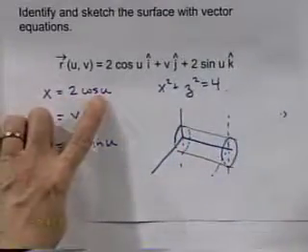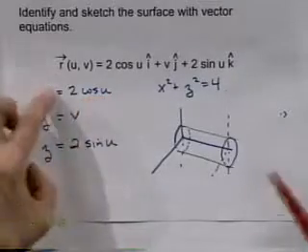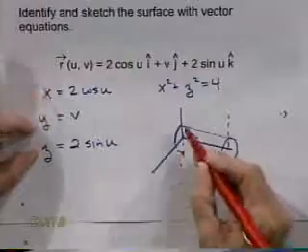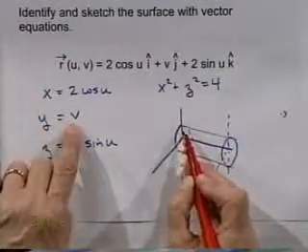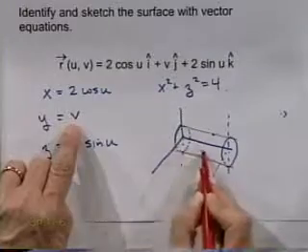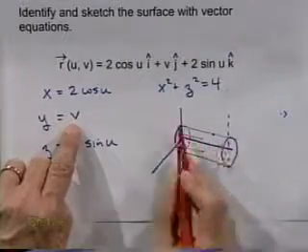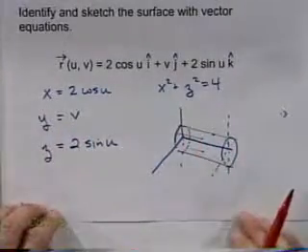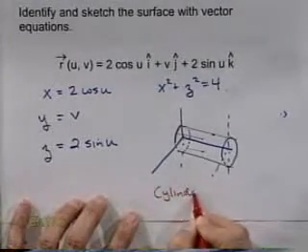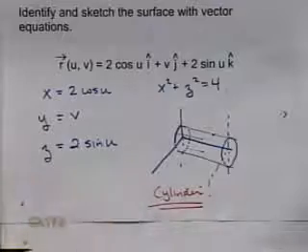And notice, as you pick what u is, you're going to be determining your x and your z in the xz plane, and then y is equal to whatever v is. That's how much you're going to be coming out along here, parallel to the y-axis, how far you're going to draw to plot your point. Okay, so what does it look like? It looks like a cylinder. Okay, and we were able to sketch it.